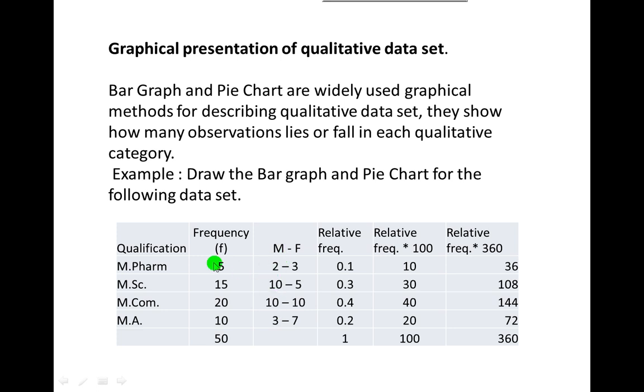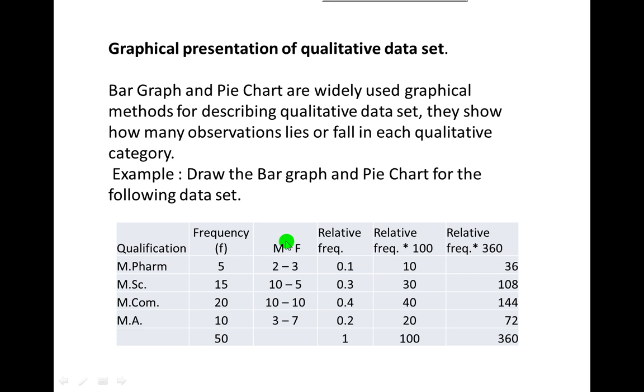And out of 5, 2 male, 3 female; 10 male, 5 female; 10 and 10 both are the same; and 3 male, 7 female. In multiple bar graph, we will use the variable qualification, the first column and third column.